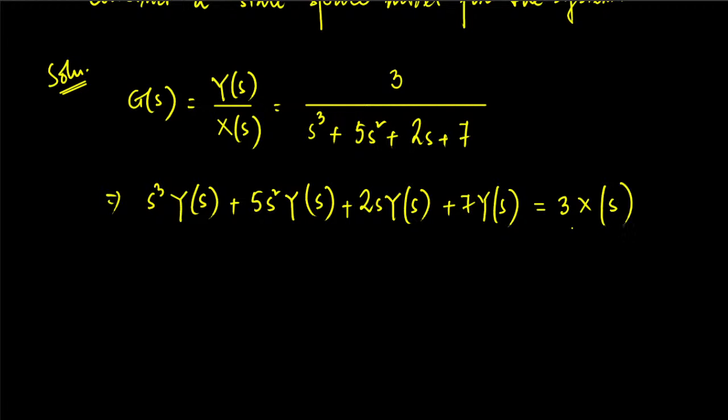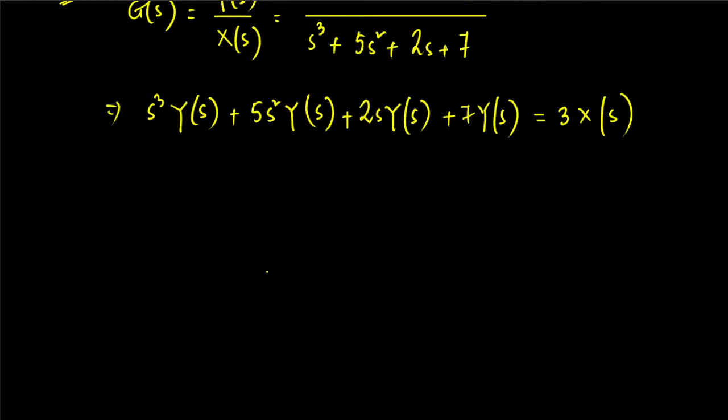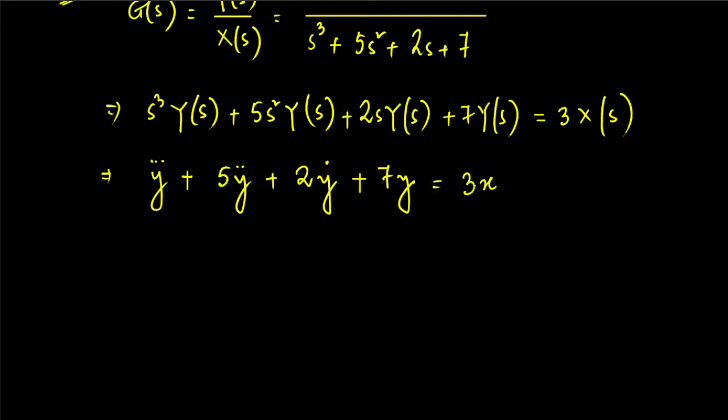Okay, right? And of course, if I now go back to the differential equation, we can do that, because this is now simply denoting y triple dot t, and this is denoting 5y double dot, plus 2y dot, and 7y, and this is just 3x.